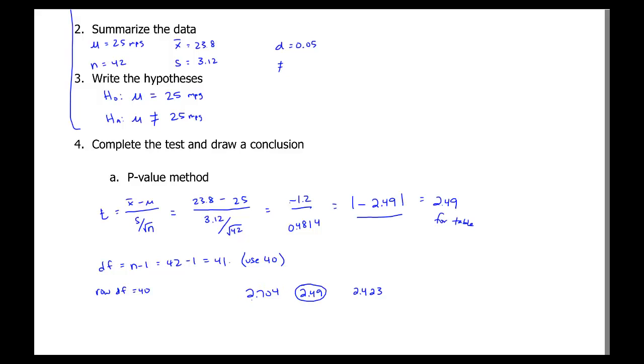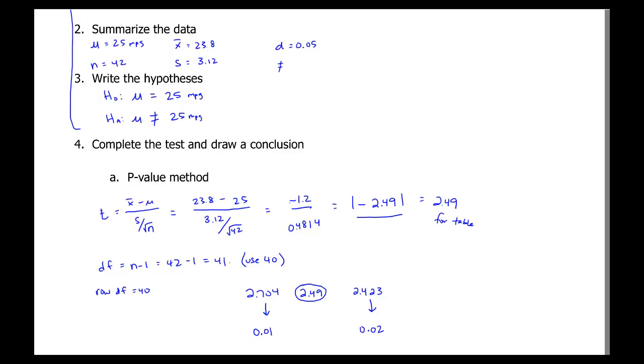Okay, so these two numbers are in the table. And if you were to go up to the top of the column that has 2.704, you'd get a p-value of 0.01. If you go up to the top of the column that has 2.423, you'd find a p-value of 0.02.